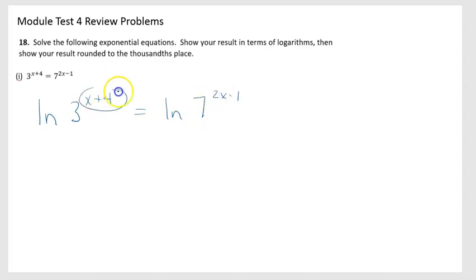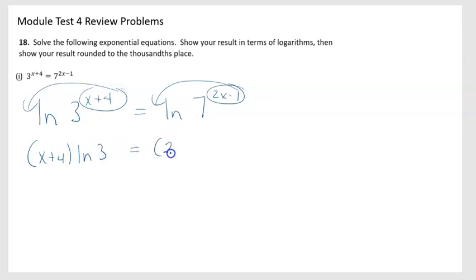The reason we did that is so we can move those exponents in front of the logarithm. So parentheses x plus 4 times the natural log of 3 is equal to 2x minus 1 times the natural log of 7.